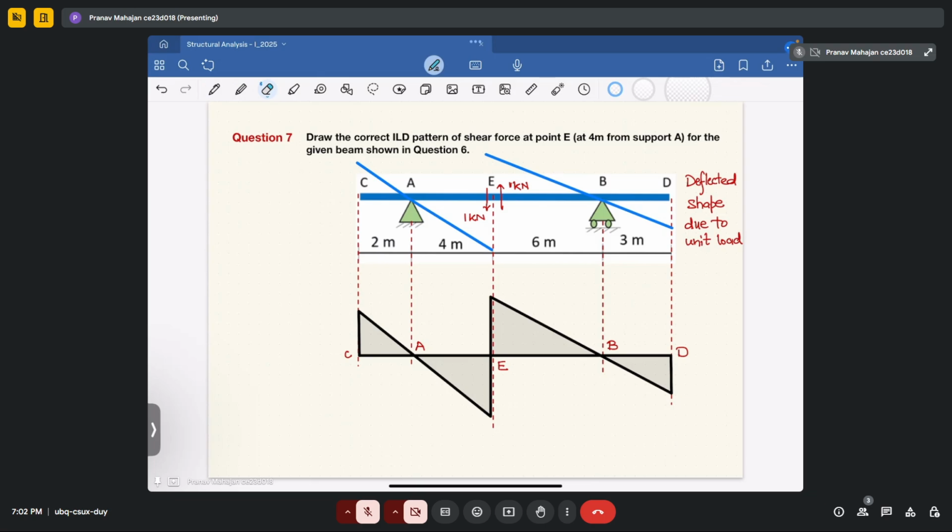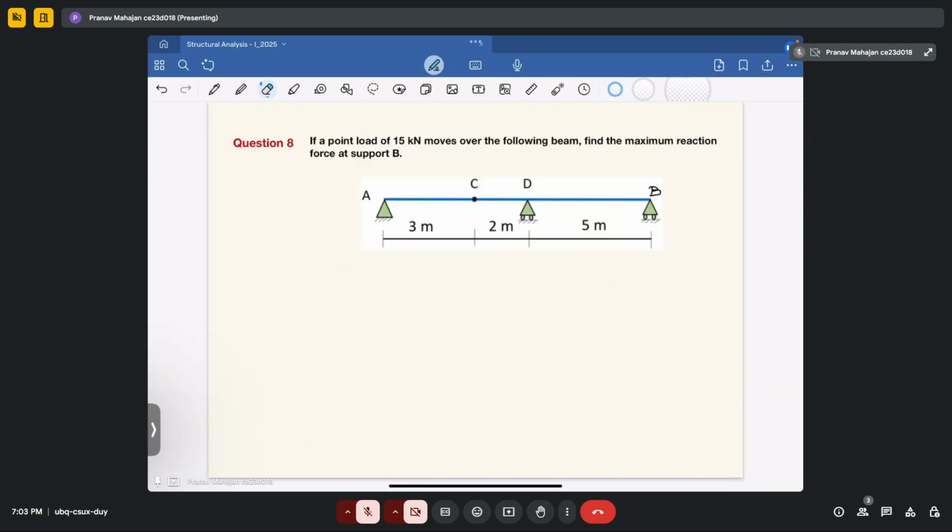Then you will draw the bending moment profile and see how it will look like. Fine. Now let's move to another question.